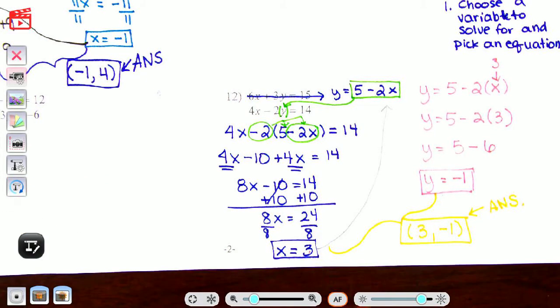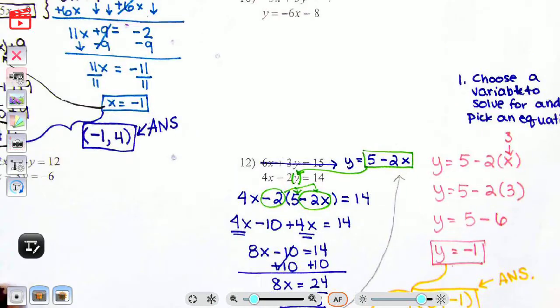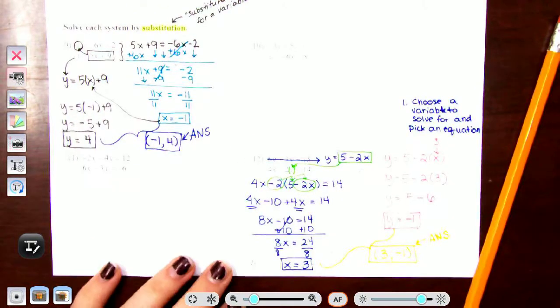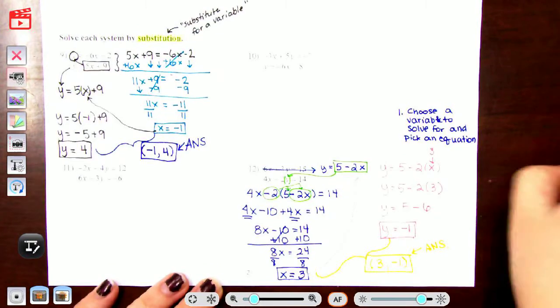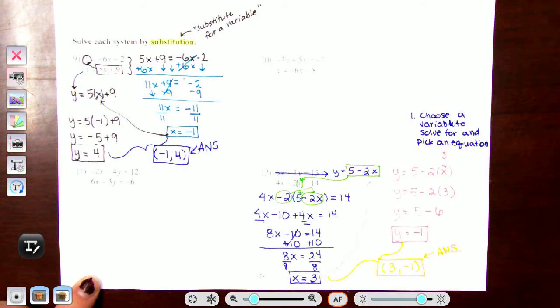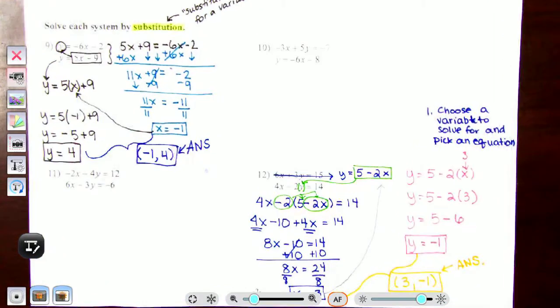All right, the rest of the problems are yours to work on. Zoom out, so that way you can see what the other questions are. This is 10 and 11. I'm going to zoom in just a little bit so we can focus.